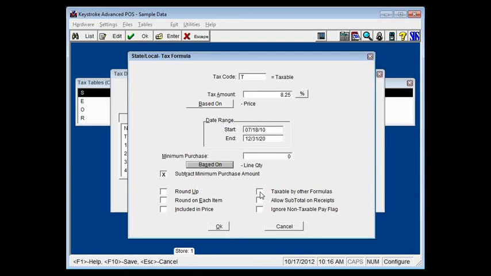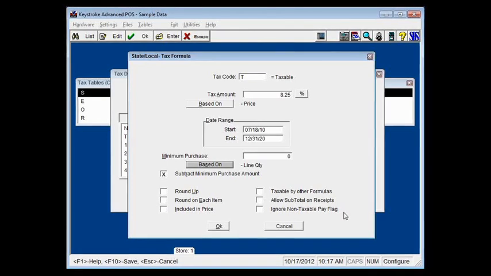Also, your sales tax can be taxable by other formulas. I believe Canada does have a type of tax that is taxable by other tax, so you might have to turn that on. Allowing subtotal on receipts: remember, I mentioned, and I'll show it here, how you can see your sales tax and your bottle deposit separately.